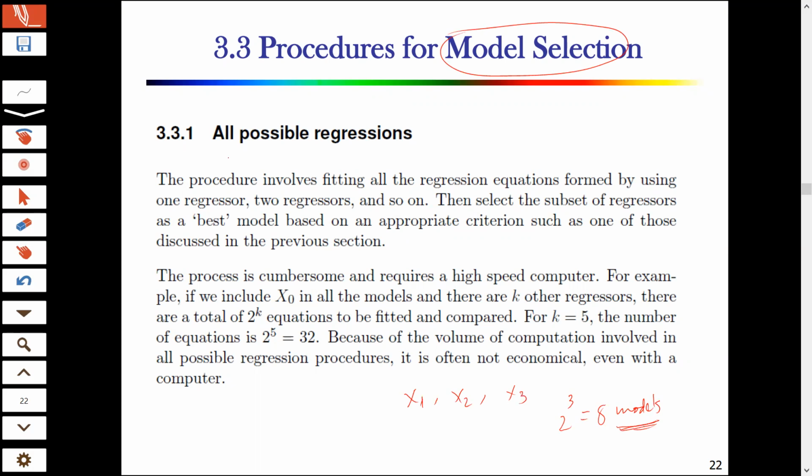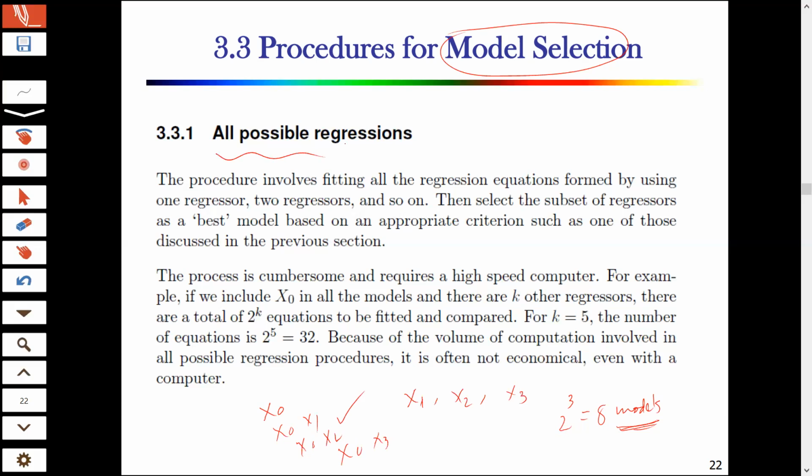Another way is to decide which variable should be included. Either we select only the X0 model, or X0 X1, or X0 X2. Previously we chose X0 X2 or X0 X3, or which one.